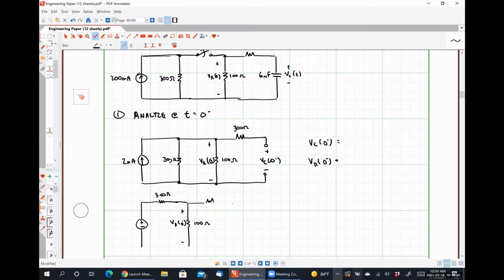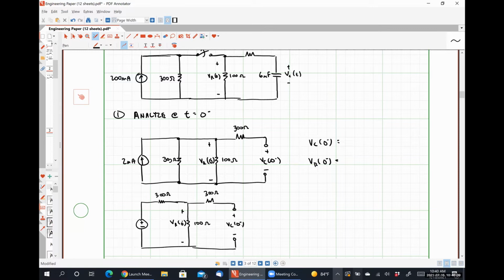Here is our other 300 ohm resistor. Here is our voltage VC at 0 minus. So since you suggested doing a source transformation, please tell me what value of voltage my voltage source should have.